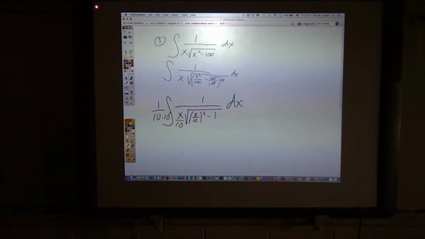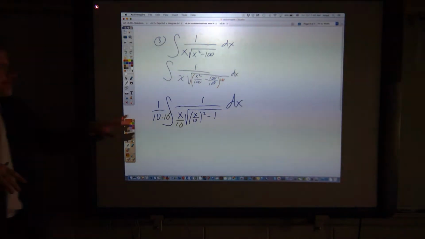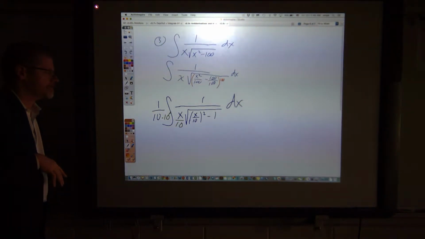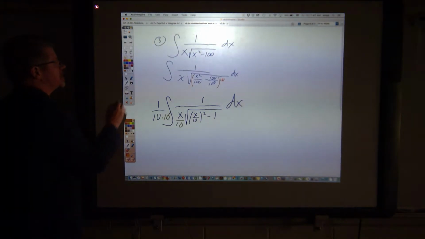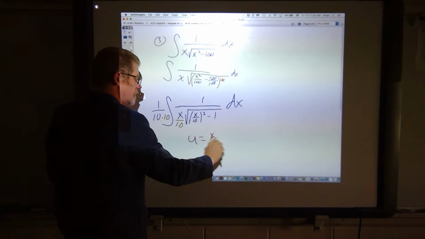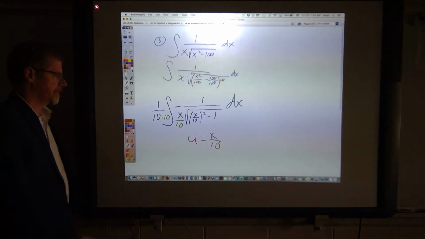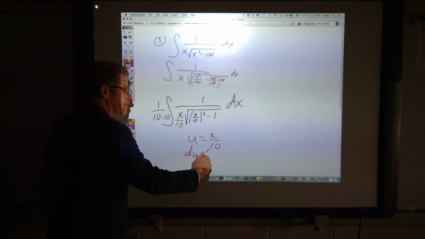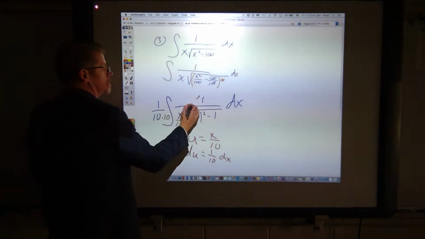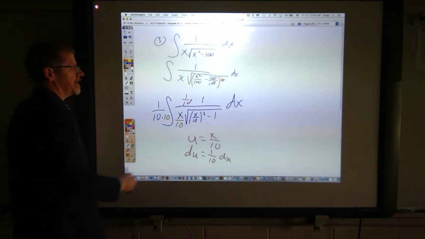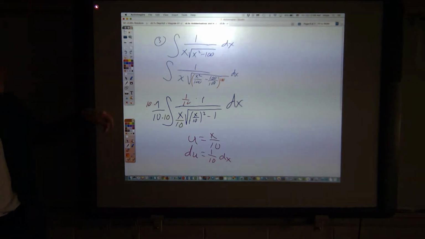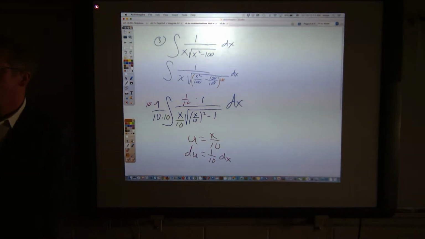This is all in the denominator. So now I have a total of 100 out front here, 1 over 100. But the reason I did that is because I want to make the u substitution as x over 10, in which case du will be a 10th dx. So I need 1/10 dx, just counterbalanced by a 10. So out front, the purple 10 will wipe out the green 10.